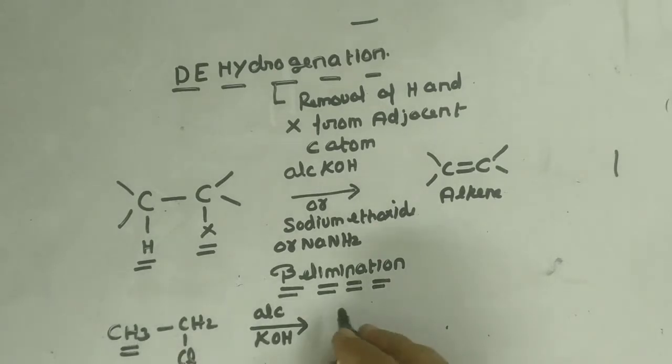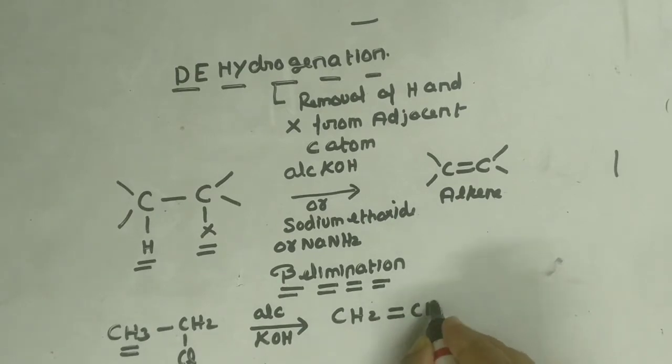And between the two carbons, you get a double bond. You will get the formation of none other than ethene. So removal of halogen and hydrogen from the adjoining carbons gives you nothing but the formation of alkene. This is a reaction called dehydrohalogenation, which we are going to discuss in more detail.